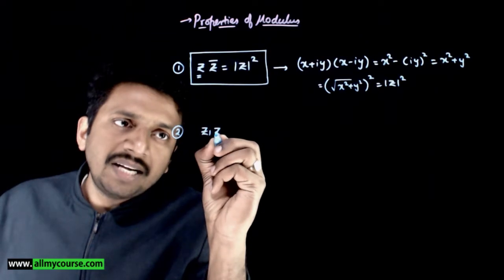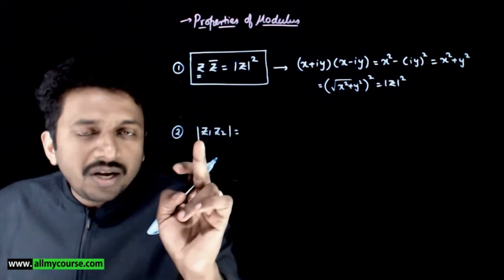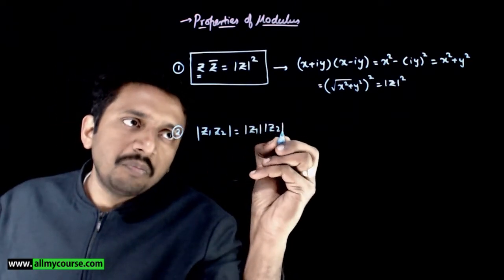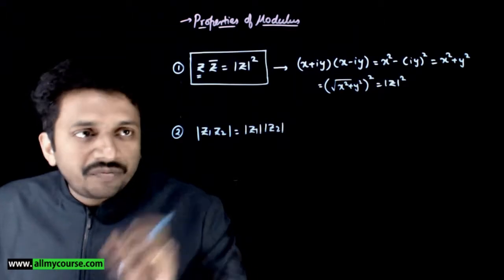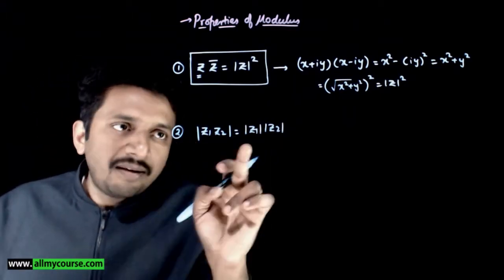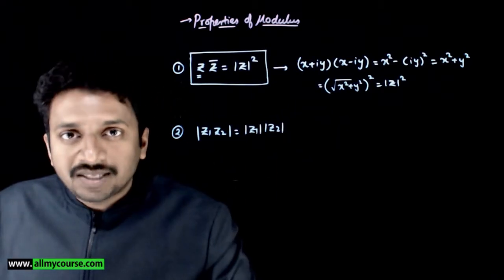modulus of z1 z2 is equal to mod z1 times mod z2. So if you have two complex numbers, you multiply them and take the modulus. Or just take the modulus of each and multiply them. Both answers will be the same.